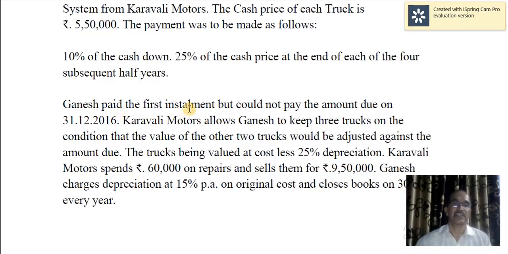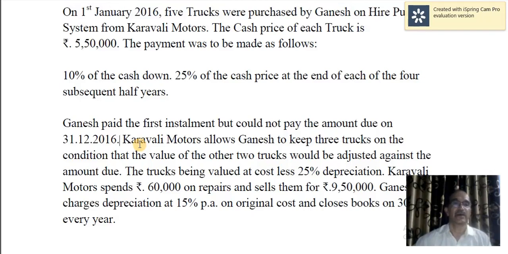Okay, Ganesh paid the first installment but could not pay the amount due on 31/12/2016. Here, accounting year ends on 30th June. So first year will be from 1st January to 30th June 2016, only for 6 months, because you have entered into the agreement only on 1st January, not on 1st July 2015.